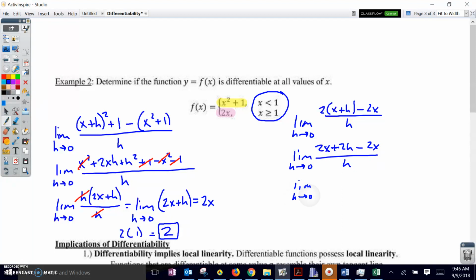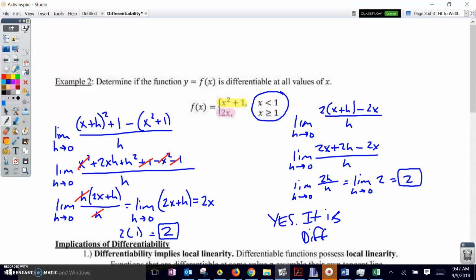This turns into the limit as h goes to 0 of 2h over h, which is just the limit as h goes to 0 of 2, which is 2. And so, since the derivative from the left-hand and the right-hand side are equal at that crucial point, we've now determined, yes, this function is differentiable.